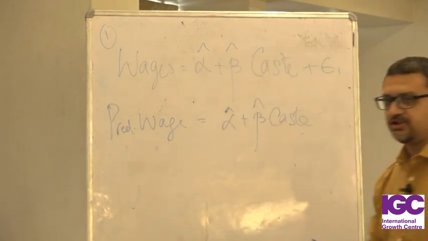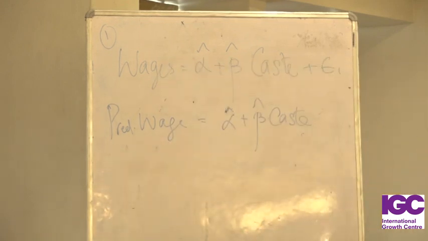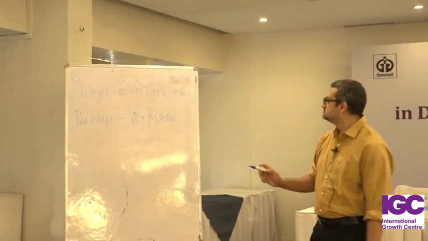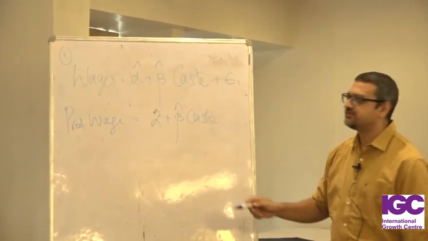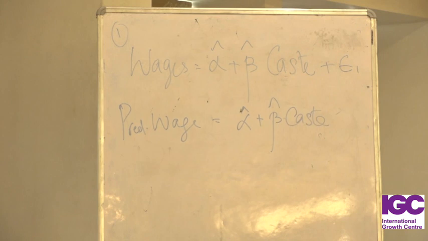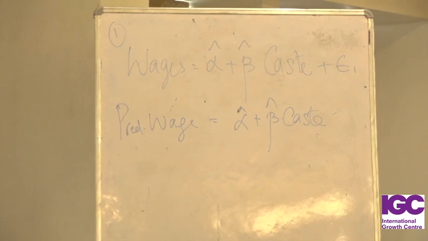Okay. This is step 1. Okay. What can I not predict with caste? In this, what is the part that I am not predicting with my caste? What is the part of the wages that is not predicted by caste?